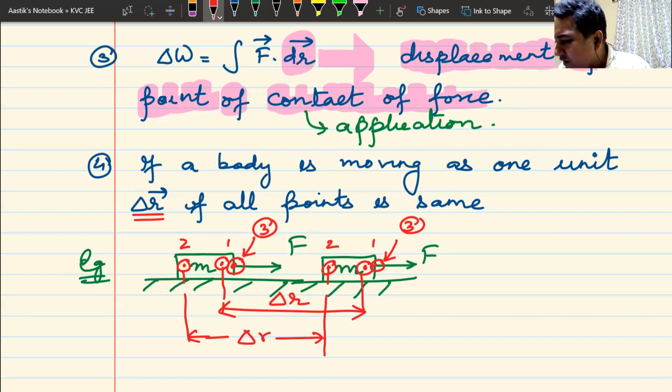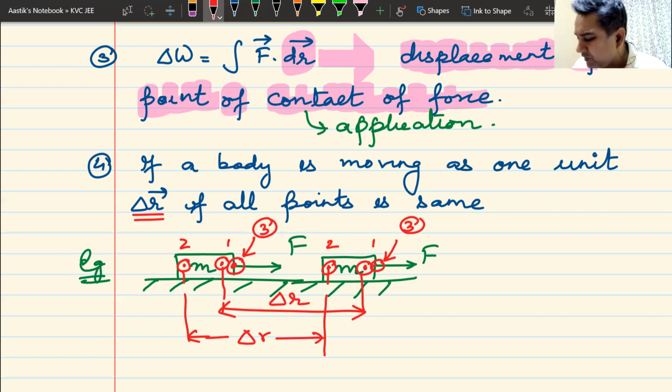It is not a problem to find the work done by this force. If this force is constant, it is simply equal to F dot delta r. If this force is not constant, we will integrate F dot dr from 0 to delta r, and you will get the answer. Do we all understand this? Can I have some raised hands? Not everyone has understood this, boys, girls. Okay. So in this case, there is no problem: the displacement of all the points and the force is the same.